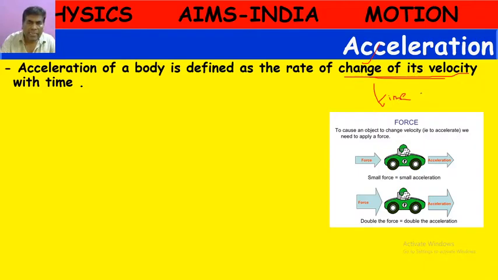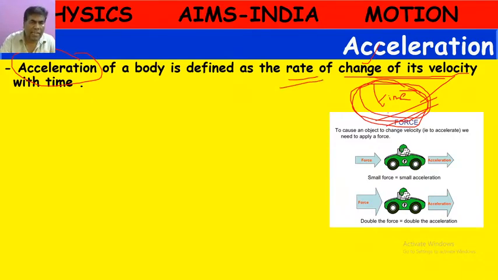Because the velocity will change, for changing that velocity it will take some time. So the change of velocity with respect to time, we call it acceleration. Whenever we use the words with respect to time, we have to call it rate of change of velocity.